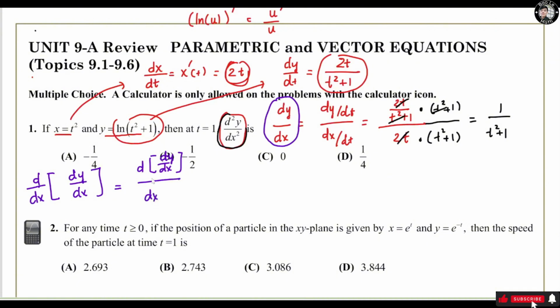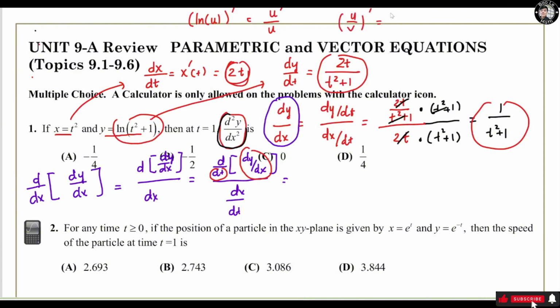Now you're going to divide the top and bottom by dt. On the top we need to take the derivative of this one with respect to t, so we're going to use the quotient rule: (u over v) prime is u prime v minus v prime u over v squared.